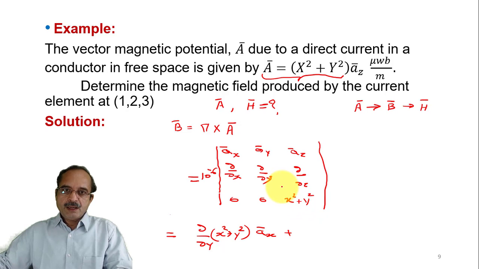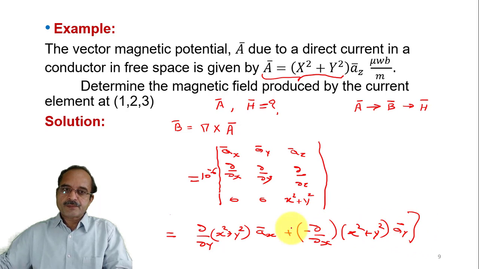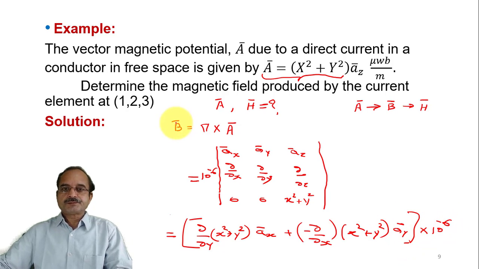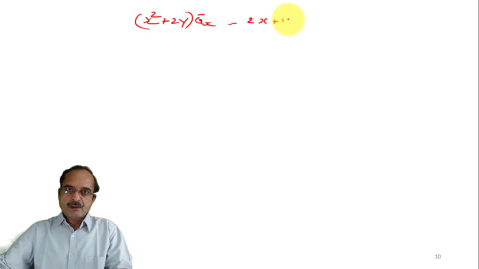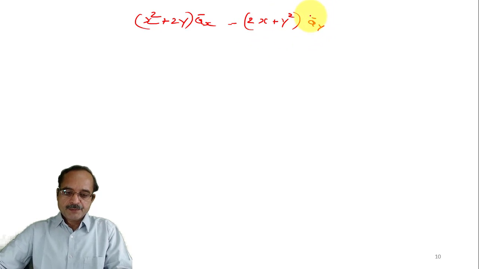For ay, it is minus d/dx of x square plus y square, which is 2x. Solving this gives me 2y ax minus 2x ay into 10 raised to minus 6.